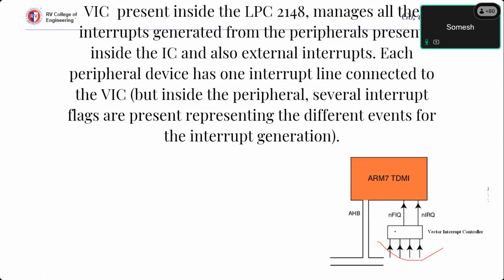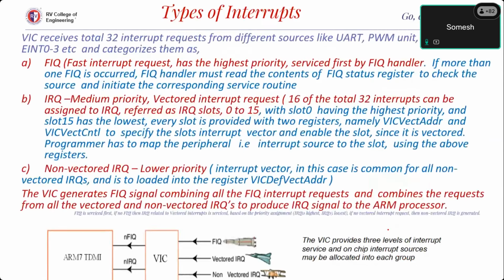To manage multiple interrupts coming from the different sources within the chip and generate one of the two interrupts to the microcontroller core, there is a block inside the LPC2148 chip called the vectored interrupt controller. What is a vectored interrupt controller? Its jobs: number one, it accepts multiple interrupts.